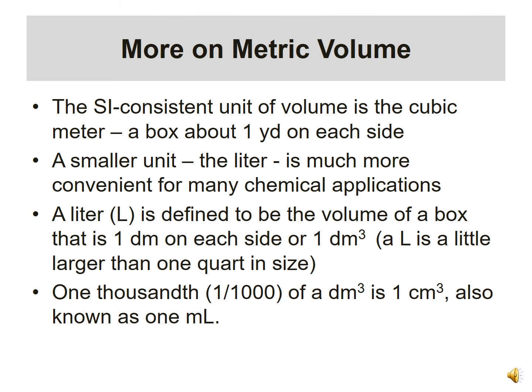If I think about the length terms, a box that's 1 decimeter on each side has 10 centimeters, so it has 10 times 10 times 10, 1,000 cubic centimeters in 1 liter. So you'll see the terms cubic centimeter, milliliter, and also cc. You'll see those used interchangeably because they represent the same volume.